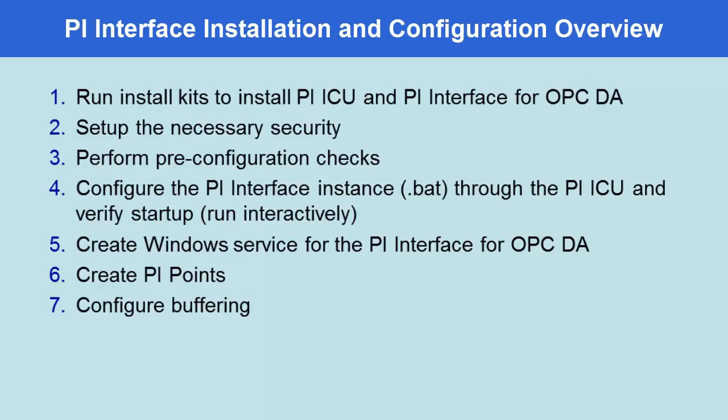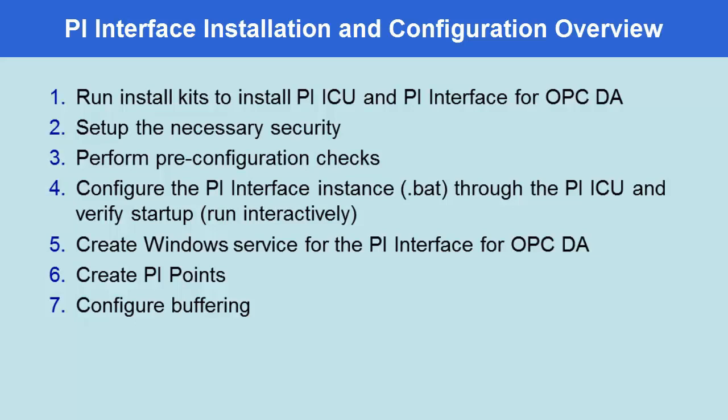In general, we perform the following steps to install and configure any PI interface. We need to run the install kits to install the PI ICU, which stands for PI Interface Configuration Utility, and PI Interface. In this case, we installed PI Interface for OPC-DA. Then we set up the necessary security. We will perform some pre-configuration checks.